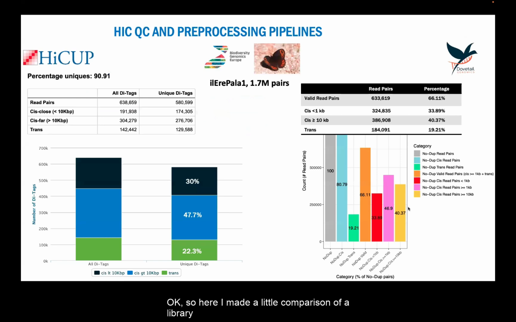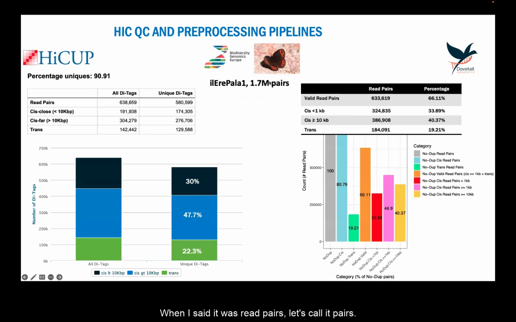Okay, so here I made a little comparison of a library from this butterfly, where we produced an ARIMA library and we sequenced 1.7 million pairs. When I say pairs, I mean read pairs, but let's call them pairs.